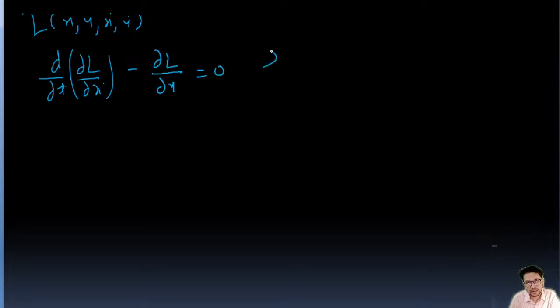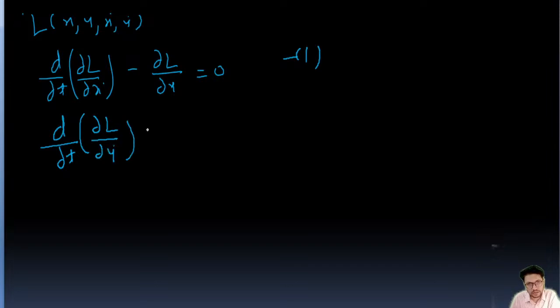And for y, d upon dt of del L upon del y dot minus del L upon del y equal to 0, equation number 2.